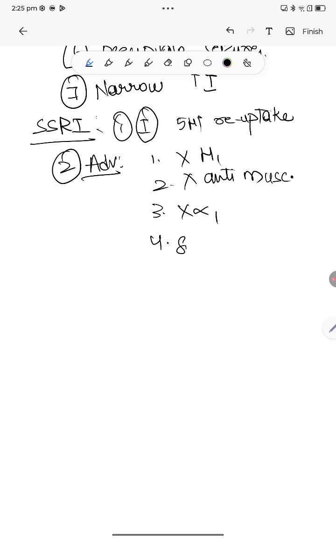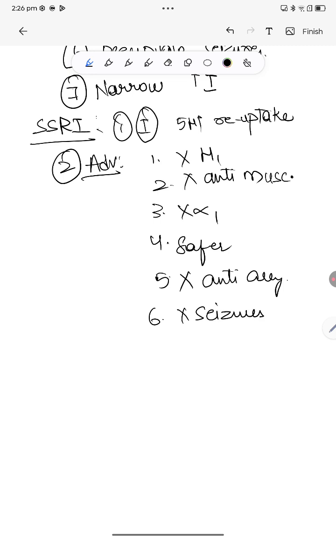They are relatively safer drugs. No antiarrhythmic potential. They have almost zero tendency of precipitating seizures. These are all advantages of SSRIs. Because of all these, SSRIs are now considered better drugs for the treatment of depression.